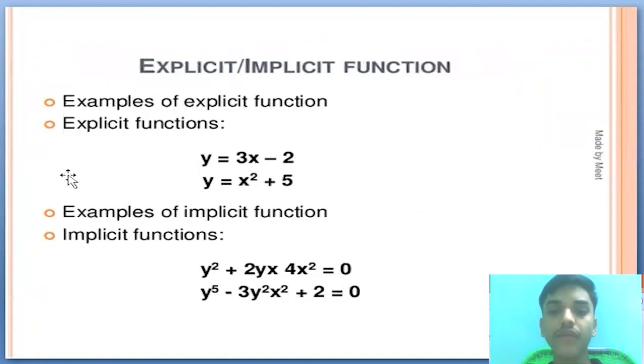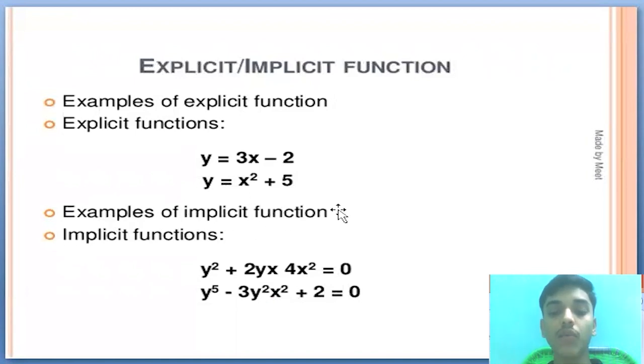We will understand this by taking examples of explicit and implicit functions. Explicit functions are equations where y is given in terms of x on the right hand side and y is on the left hand side: y equals 3x minus 2, y equals x squared plus 5.